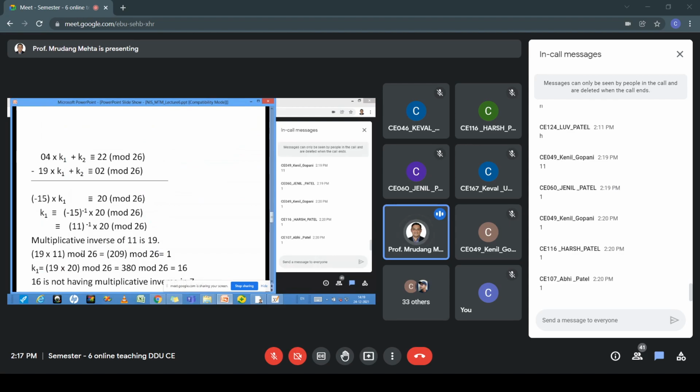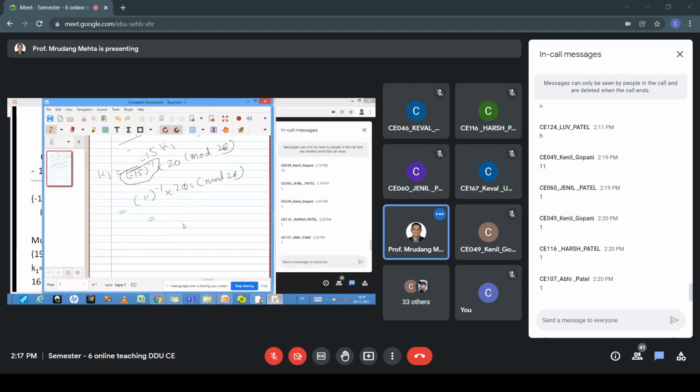Right? So you can see that the multiplicative inverse of 11 is, okay, again, simple method you have to apply. 26, 11.